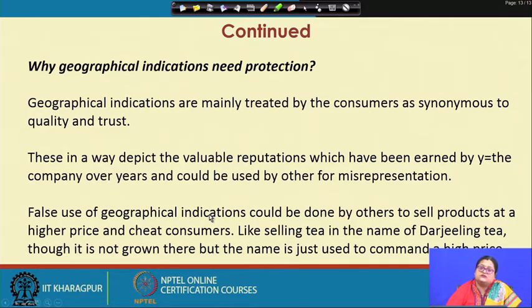False use of geographical indications could be done by others to sell products at a higher price and cheat consumers, like selling tea in the name of Darjeeling tea though it is not grown there, but the name is just used to command a high price.